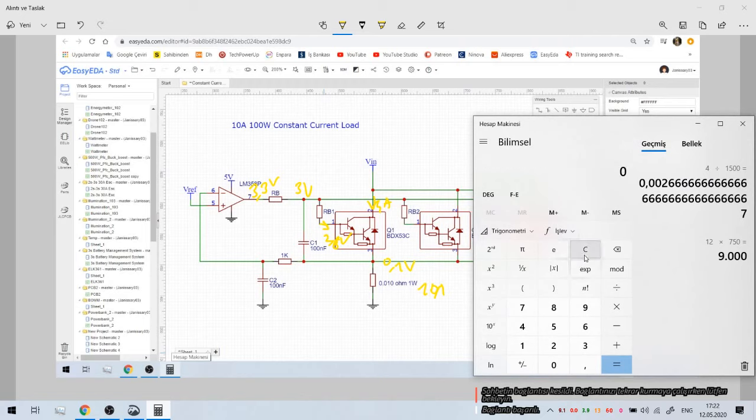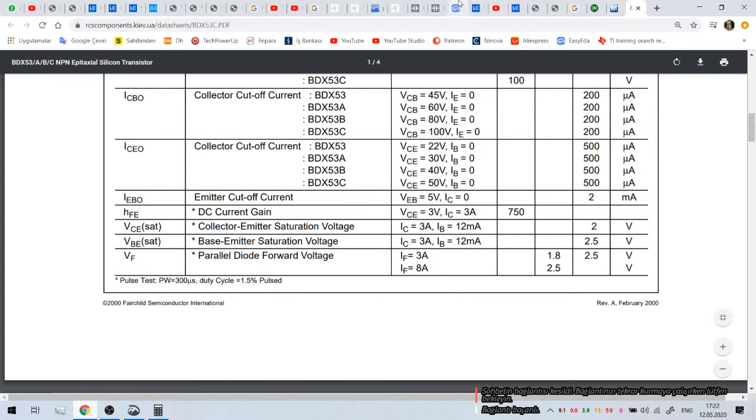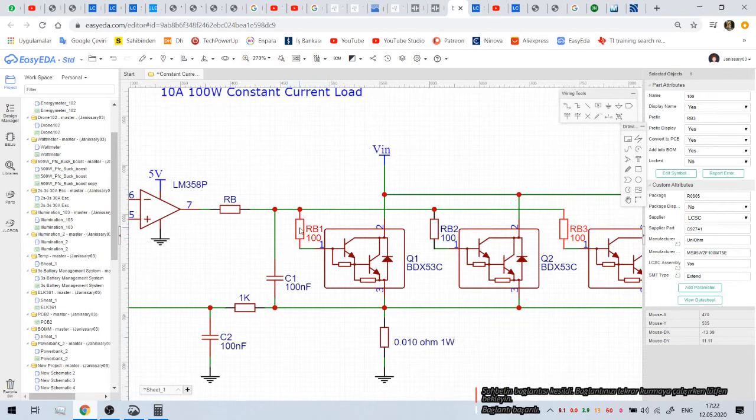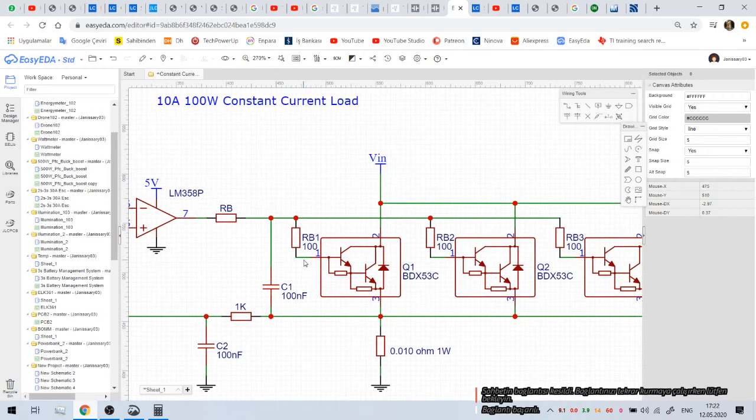Yes, I can take 0.5 volt divided by 4 milliamp. Yes, I can add nearly 100 ohm resistors here. 5 milliamp, I can take 100 ohm resistors here, and with 5 milliamp flowing here.